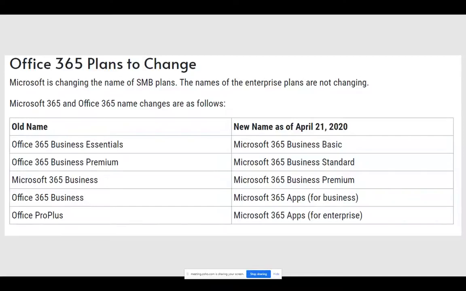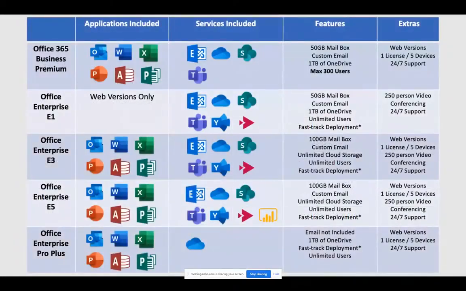You had Office 365 Business Premium, which becomes M365 Business Standard. You have M365 Business Premium, and then you have apps for business and enterprise. Every suite comes along with different features and different opportunities for the customers to use different services with different capacity capping and support from Microsoft, of course.